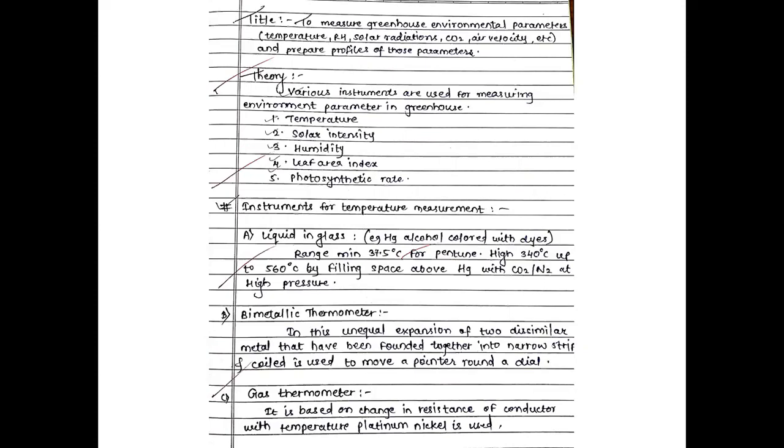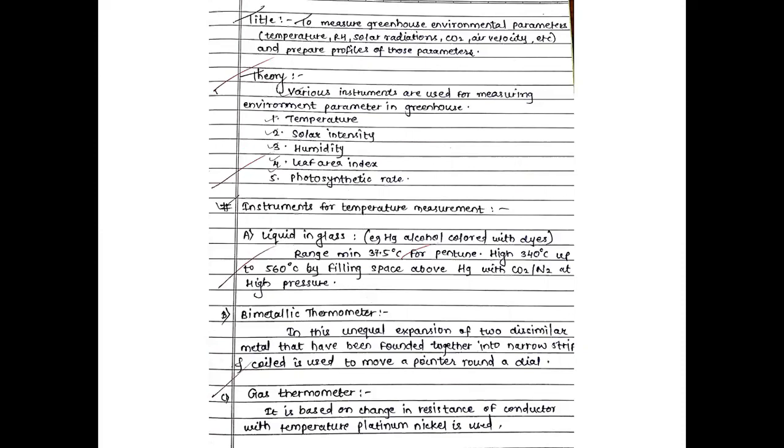So when measuring temperature with a liquid in glass thermometer, we have a maximum measuring limit up to 560 degrees Celsius at high pressure, and a minimum of 37.5 degrees Celsius for pentane.